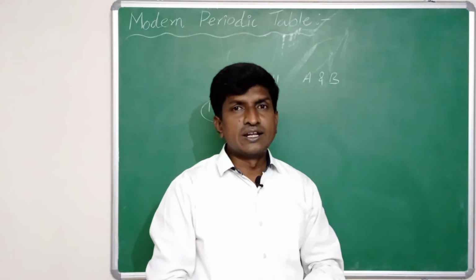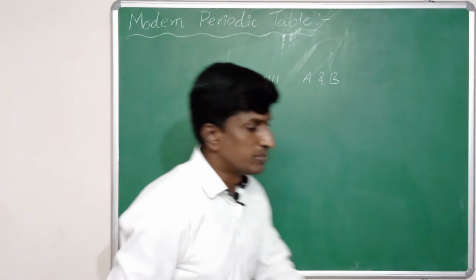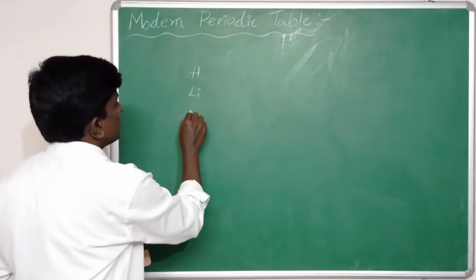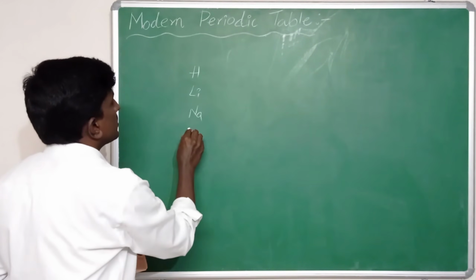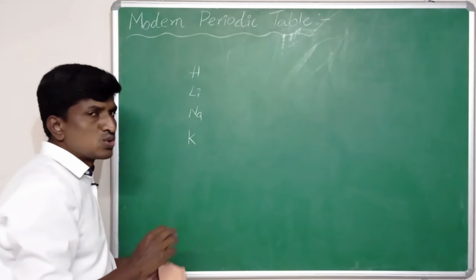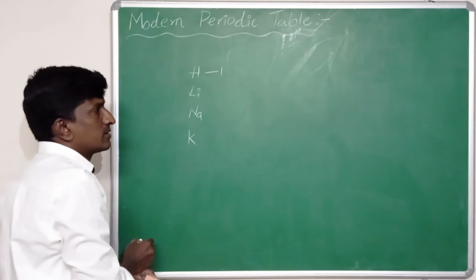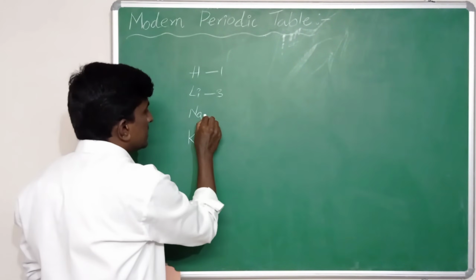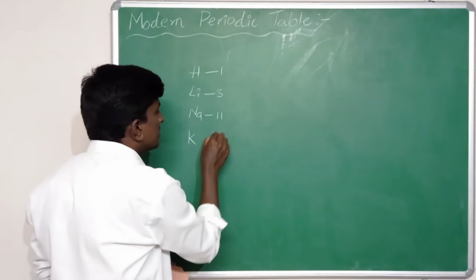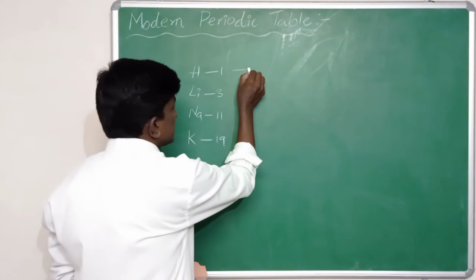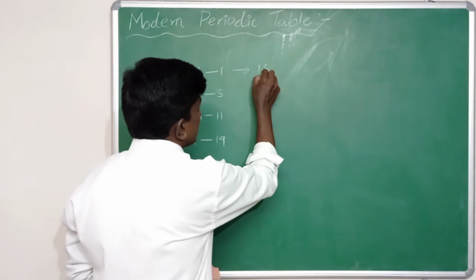For example, let us take the first group elements: hydrogen, lithium, sodium, potassium and so on. The atomic number of hydrogen is 1, lithium is 3, sodium is 11 and potassium is 19. Let us try to write their electron configurations.